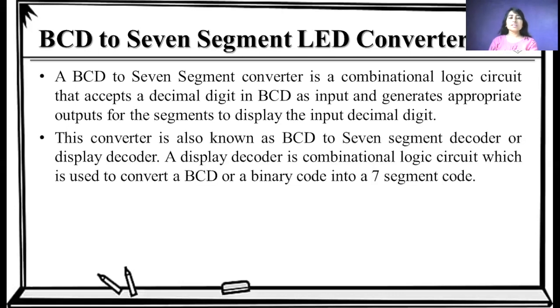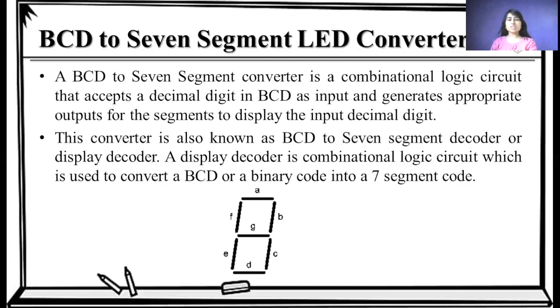This converter is also known as a BCD to 7 segment decoder or display decoder. A display decoder is a combinational logic circuit used to convert a BCD or binary code into a 7 segment LED. Now what is a 7 segment LED?